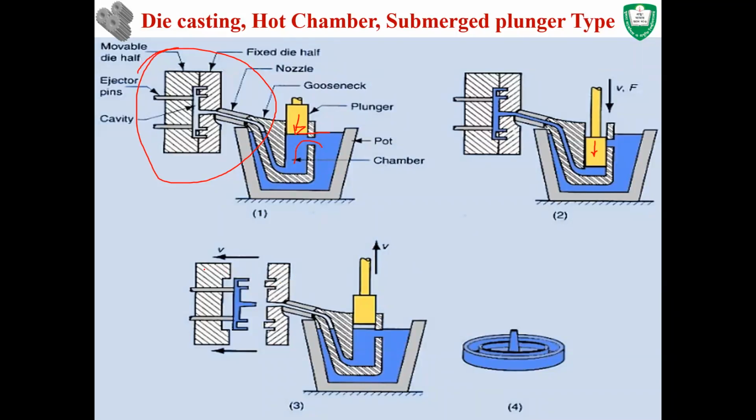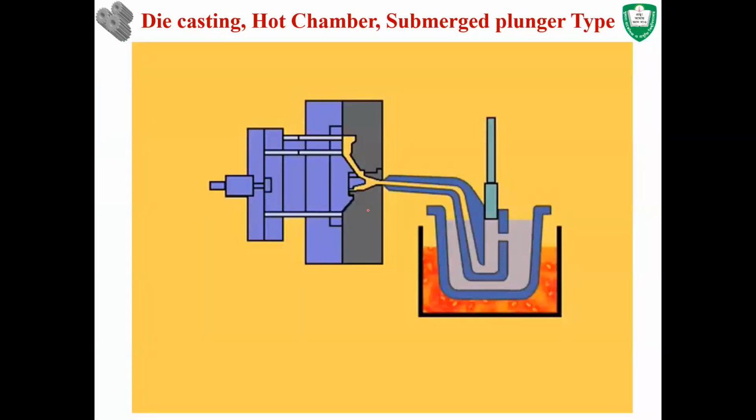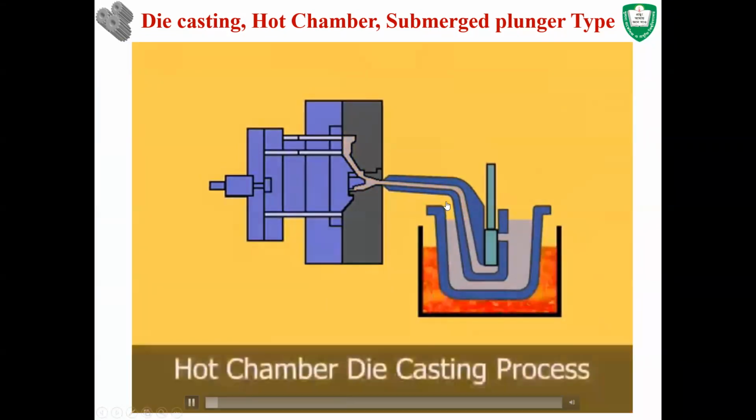The movable die gets separated, and then the ejector pin is used to remove the casting from the die. This is how the method actually works, and I have a video of that. You can see the molten material gets into the cavity.